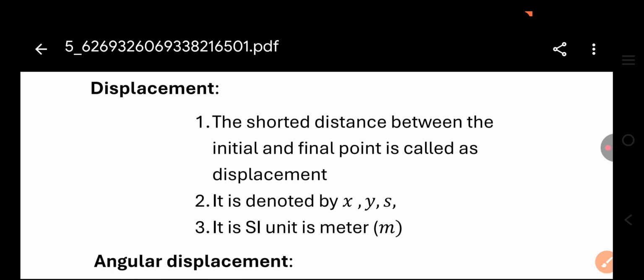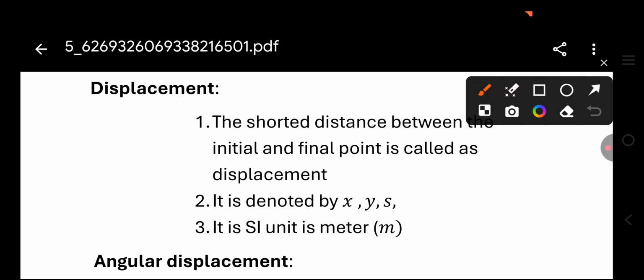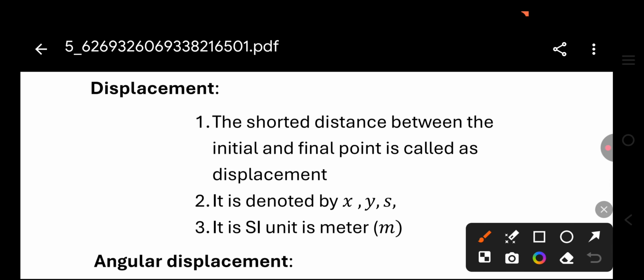Then first we can see the definition of displacement. The displacement is the shortest distance between the initial and final point.